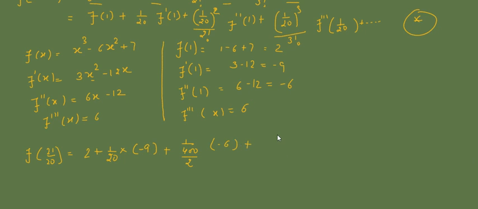So next is 1 by 20 cube, that is 1 by 8000, divided by 3 factorial, and the third derivative, because this is independent of the point, you can just write 6. Okay, no need to calculate further. Now if you simplify these values, you will get 1.542625. So this is the approximate value of the function at 21 by 20. So this completes the solution of this question.